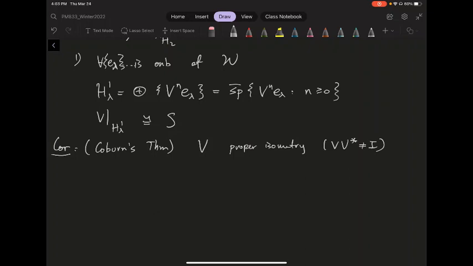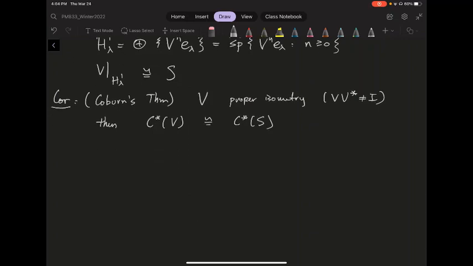Because V is inside some B(H), you can think about the C-star algebra generated by V. You take all the V stars and all the V's, compose them to build an algebra, and close it up in the norm, and you get a C-star algebra. That C-star algebra is going to be isometrically isomorphic to the C-star algebra generated by the unilateral shift, so this is C-star of S.